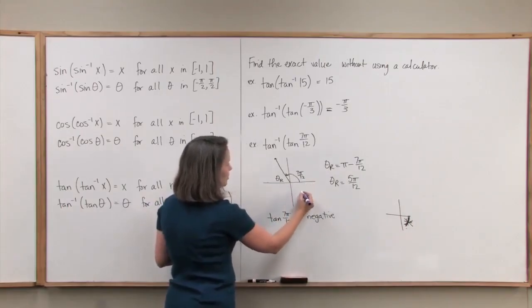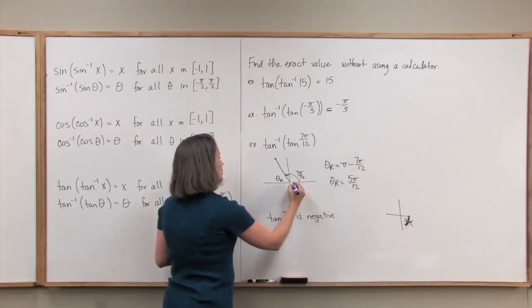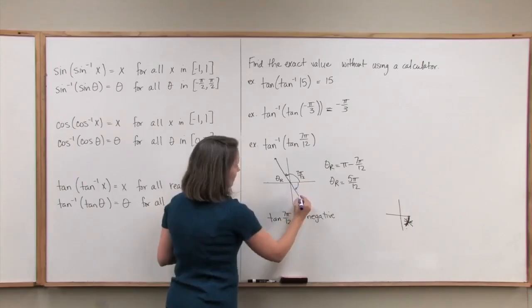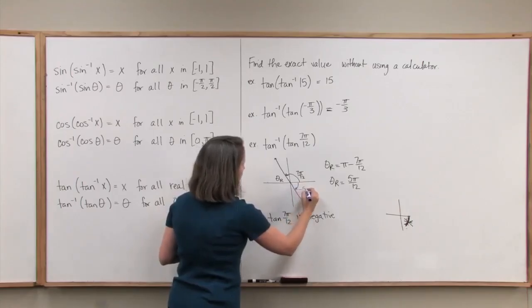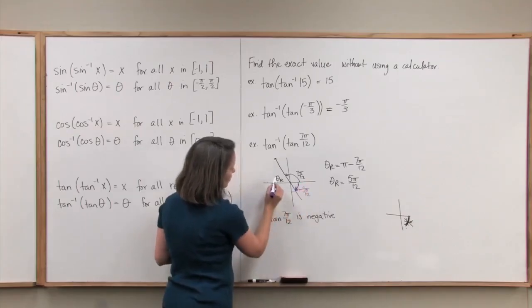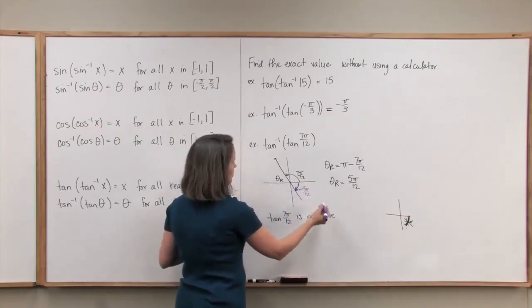We want an angle whose terminal side is in quadrant 4, where the reference angle is going to have to match this one, 5 pi over 12. So if I draw that negative angle in the fourth quadrant, the same reference angle as this one, then I find out that the angle is negative 5 pi over 12.